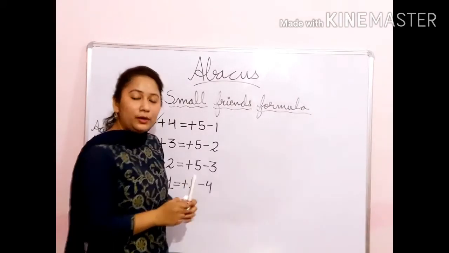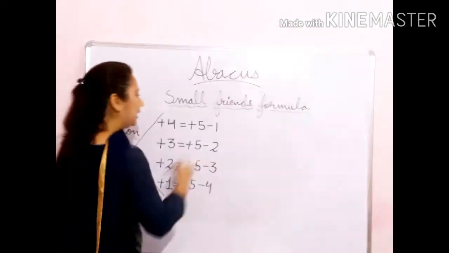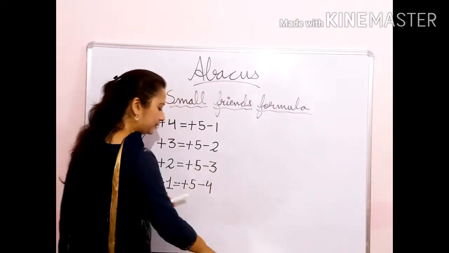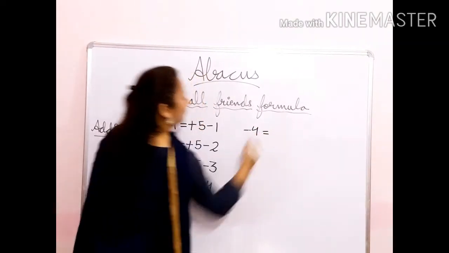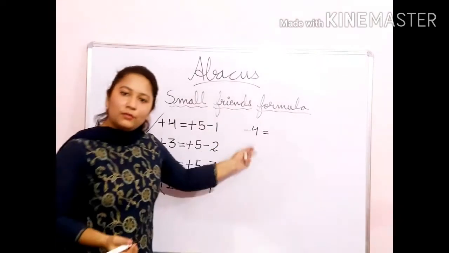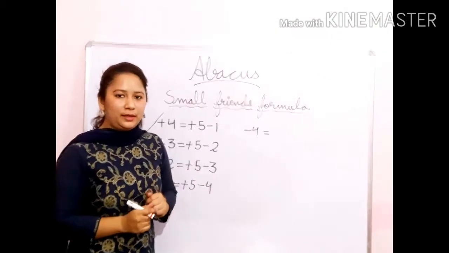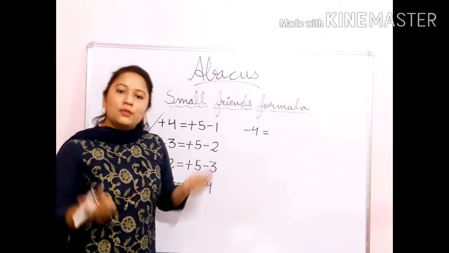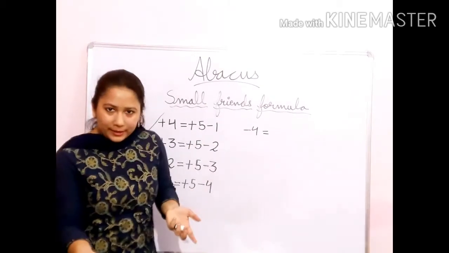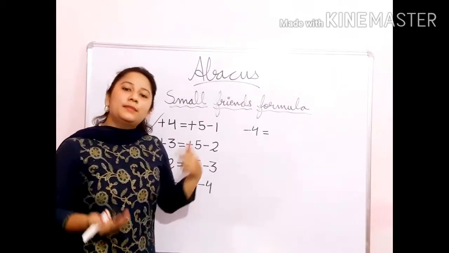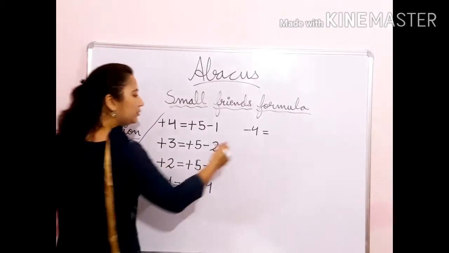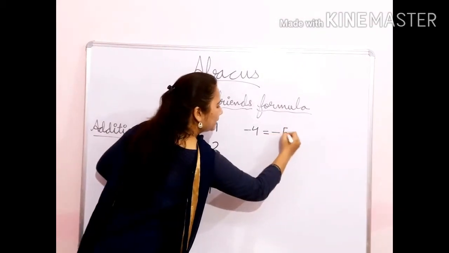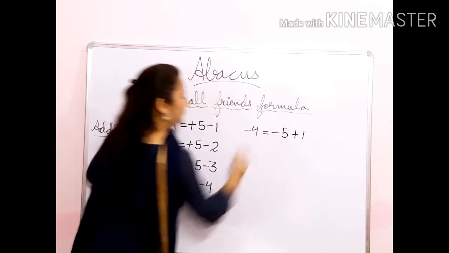Now we will go for subtraction formulas, like you have to subtract minus 4. Means you have to subtract 4 and the bead is not there in the abacus. Means 4 either you have added already or you have added something else and 4 bead is not there. So for that you will use the formula minus 5 plus 1.